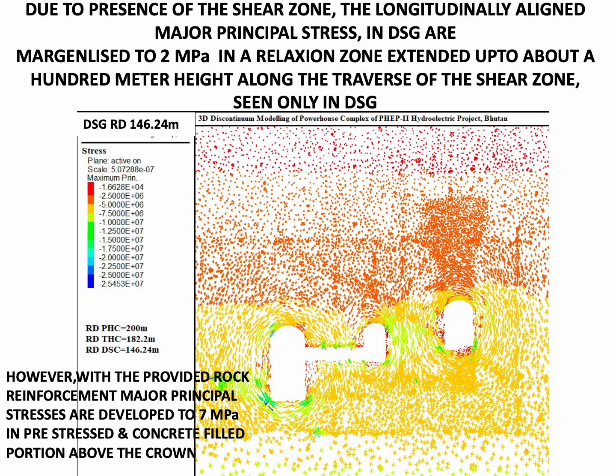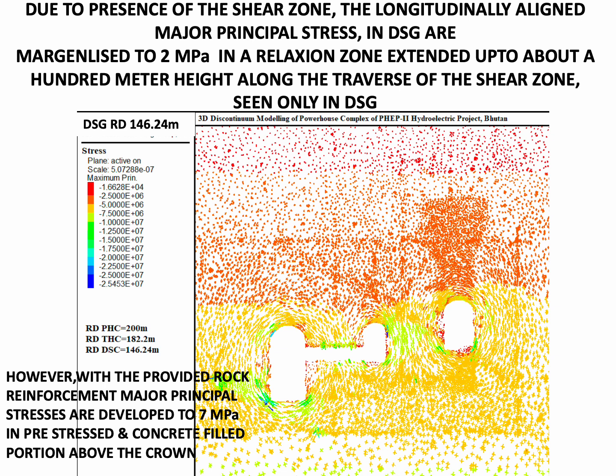The major principal stresses in the downstream surge gallery in the hanging wall portion thus have a value just equal to the uniaxial compressive strength of the rock mass. The relaxation zone above the crown of downstream surge gallery is seen extended to a height of around 100 meter above the crown.